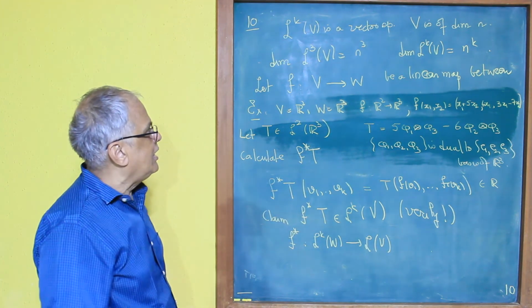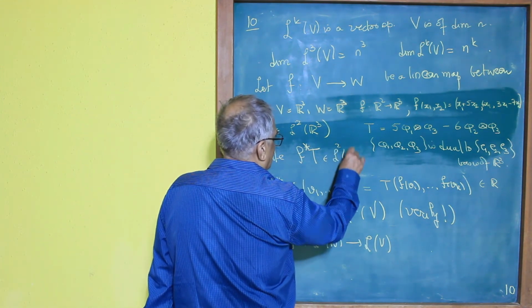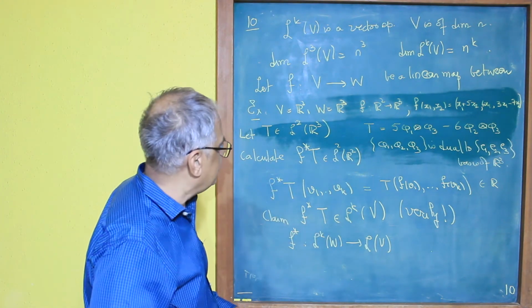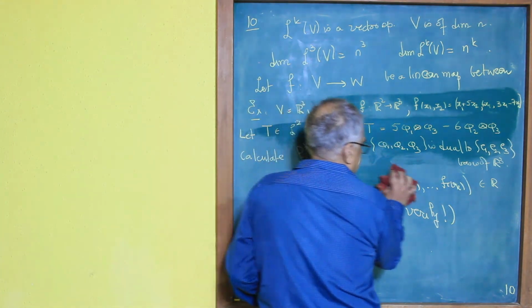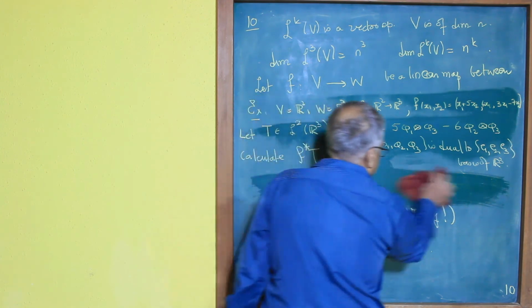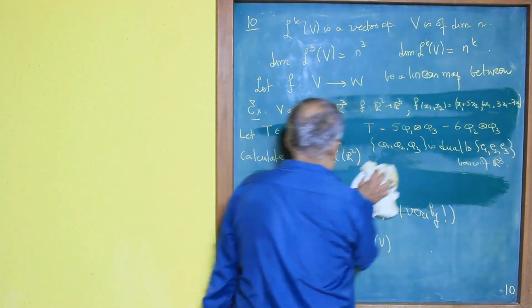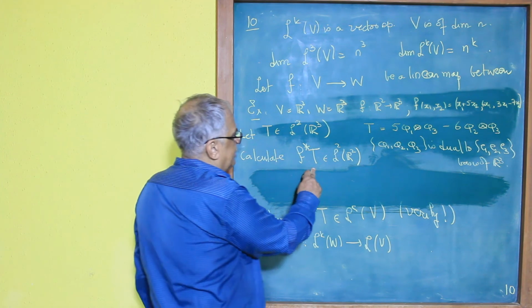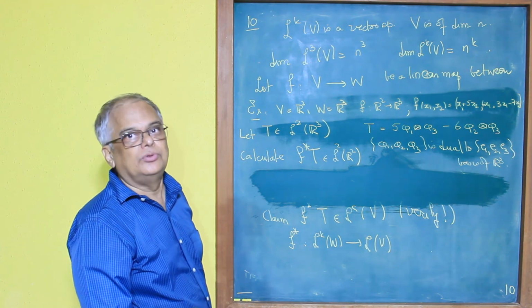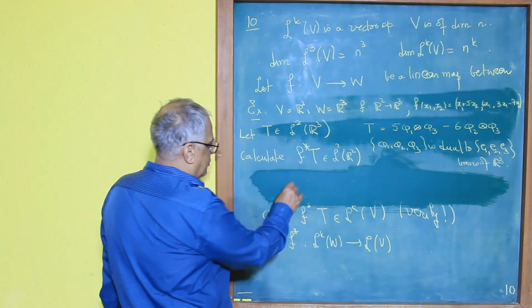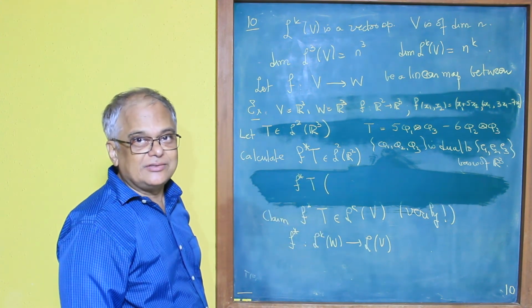It is going to be in L^2(R2), so it is a map from R2 cross R2 to R. So I should be able to tell you what f star T does to two elements in R2.